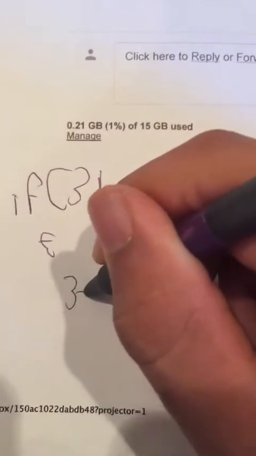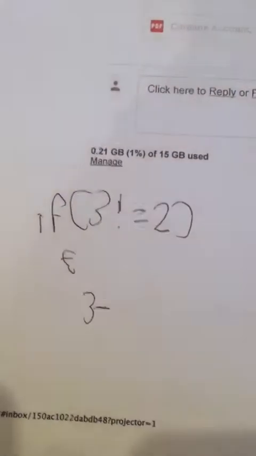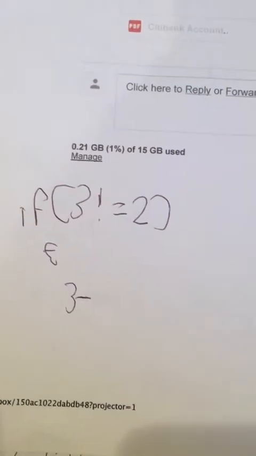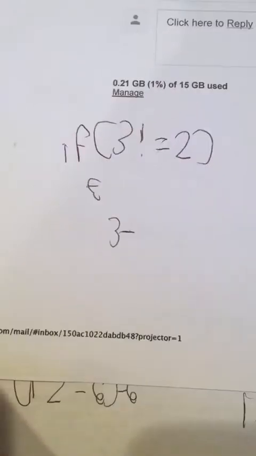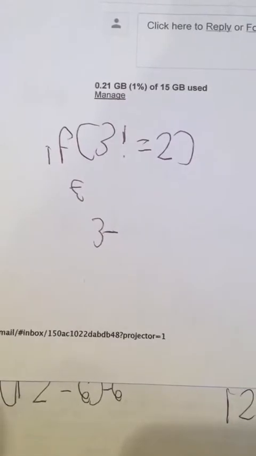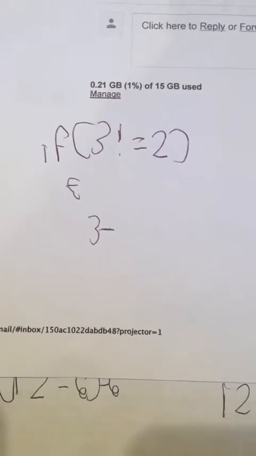There'd be brackets, and there'd be a piece of code underneath, those very poorly drawn brackets. But if I were to write that as a condition for a piece of code to execute, the code will execute because 3 does not equal 2.